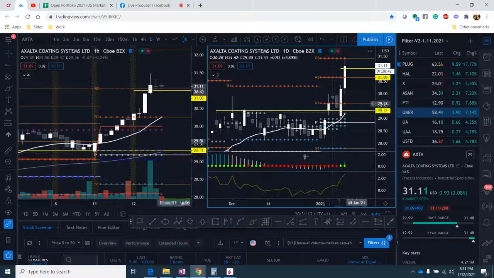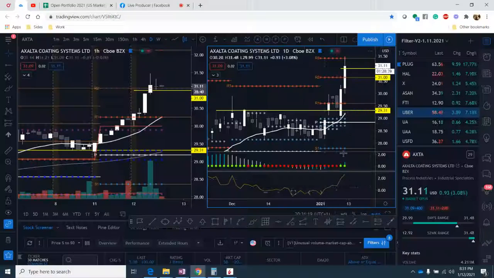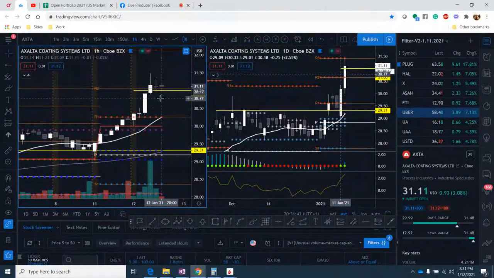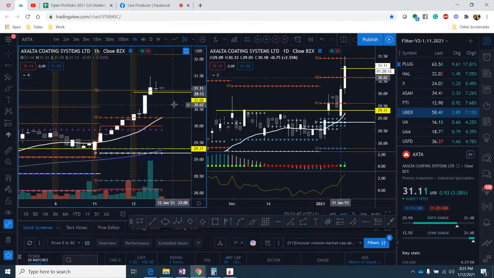I always check the setup of the daily before checking the 1 hour. If the daily is not valid according to my trading criteria or rules, then I don't need to check the 1 hour. If the daily is valid in all of them, then I check the 1 hour for my entry. The 1 hour is my trading time frame.